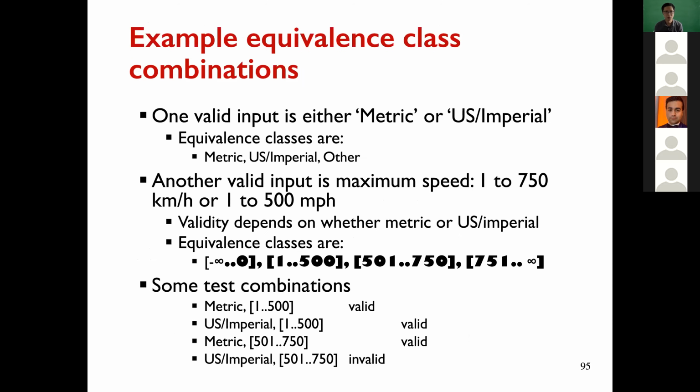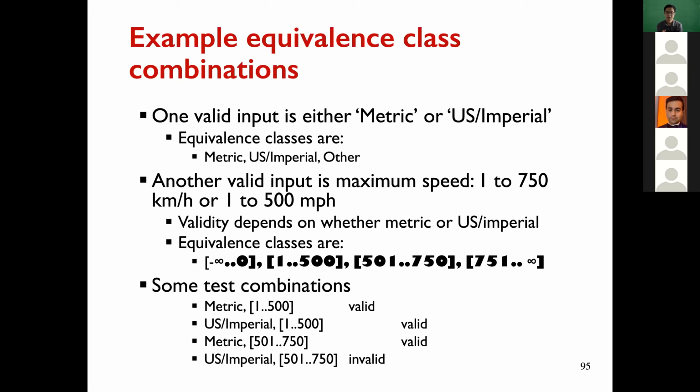Let's look at this example. One valid input is either metric or US imperial, so there are 2 measurements. So we have 3 equivalence classes: one is metric, one is US imperial, and another partition, the invalid input, is other, right? And the other input is maximum speed.